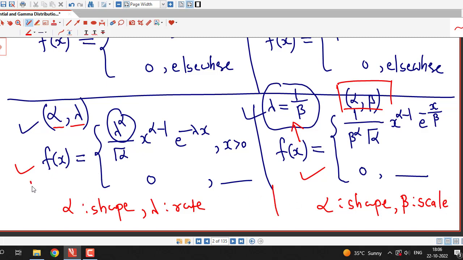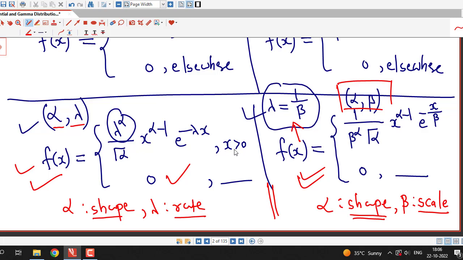So this form of gamma distribution is called the shape and rate form of gamma distribution. This distribution is also known as the shape and scale parameter form of gamma distribution. So be careful if your question has parameters alpha and beta. If they specify that these are the parameters, and if they give you the values of alpha and beta, then use this PDF of gamma distribution, or you can convert it into this form by taking beta equal to 1 over lambda or lambda equal to 1 over beta.